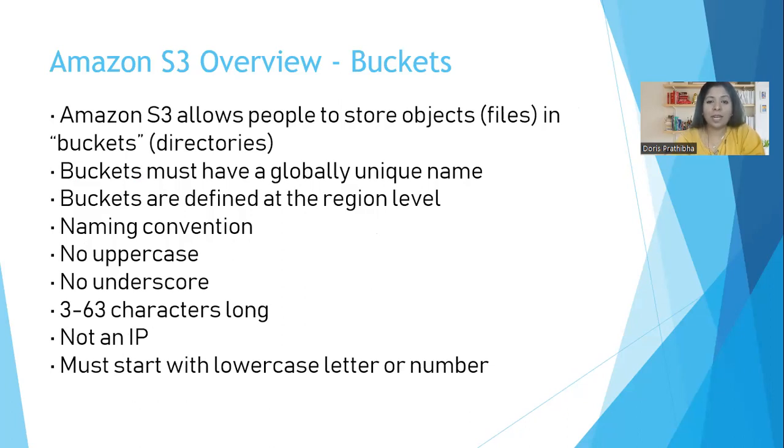We can keep different types of objects like files, JPEG photos, images, videos. Different formats or documents can be stored here in large amounts. There is also a naming convention for storing your data.